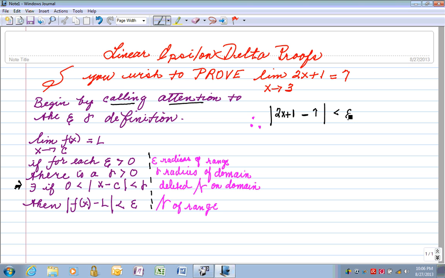Now, from the definition that we worked through, the limit of f of x as x approaches c is L, epsilon was the radius of the range and very enticingly small. This will reduce down and simplify to this.